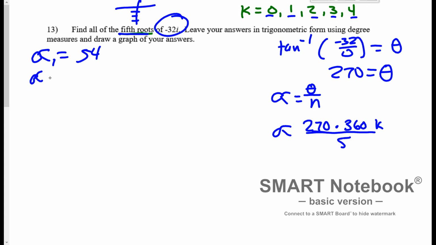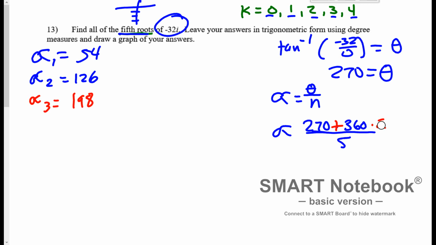So alpha 2 equals 126. So each time I'm just changing this. Plugging in 0 for k, that'd be 270 over 5. Then I plug in 1, so that's 360 plus 270 over 5. Now I plug in 2, so that's 720 plus 270 divided by 5. I get 198. So that's alpha 3.